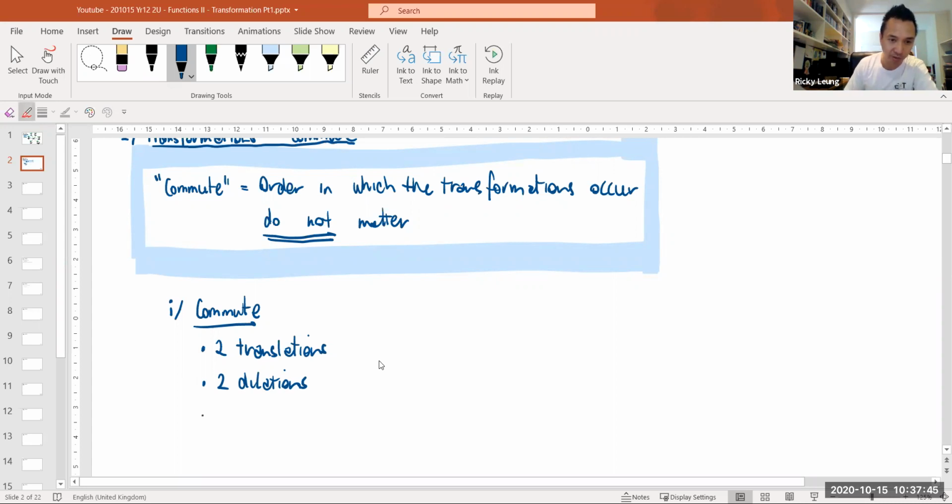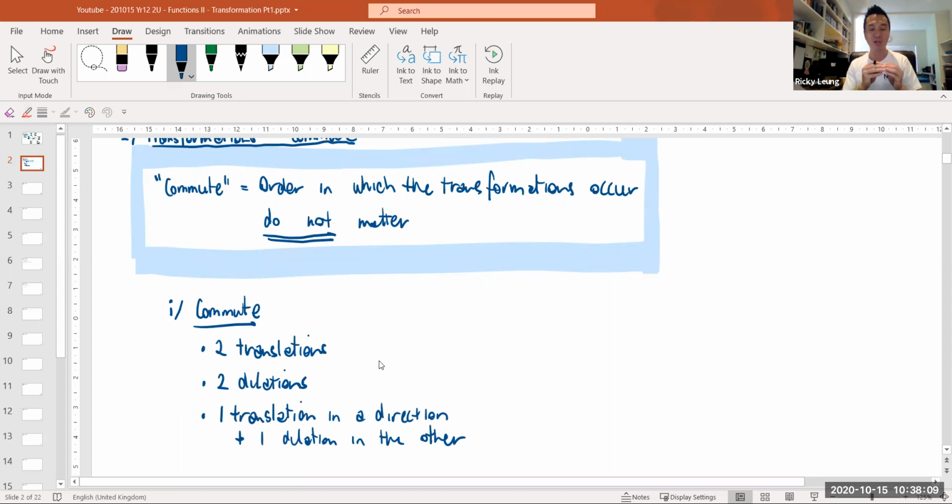Now the next one is interesting. One translation in a direction plus one dilation in the other, and this is key.